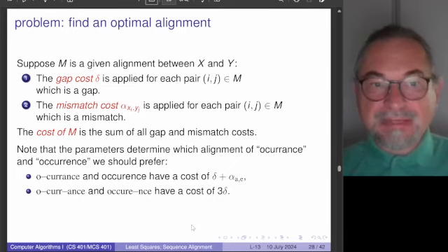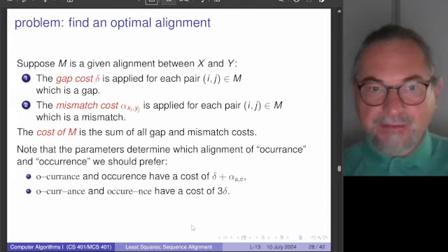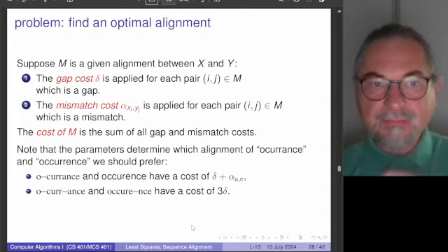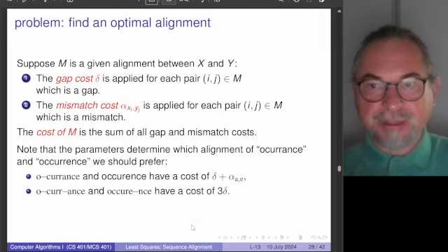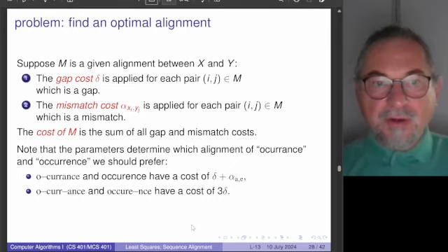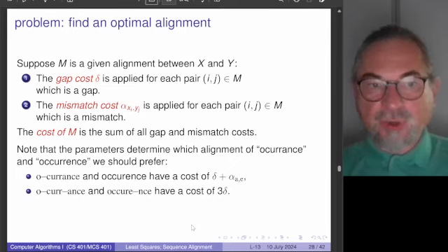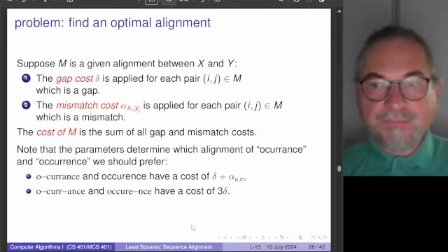Then we have a mismatch cost where there are different characters at the positions i and j. Now the cost of this alignment is the sum of all the gaps and all the mismatch costs.